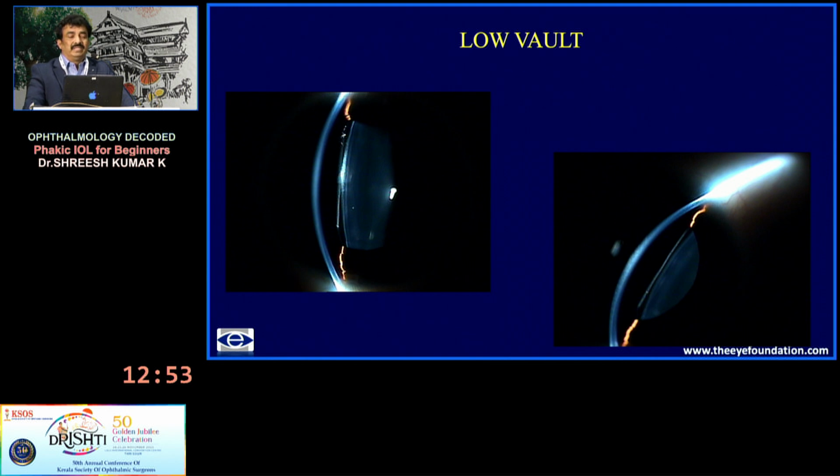Precise definitions for insufficient vault and excessive vault have, however, remained elusive, because only a percentage of eyes with vault beyond any predefined range experience vault-related adverse events. If you see here, there is a very low vault in both cases, but in this particular case the crystalline lens is very clear, while in this case it has already started developing anterior subcapsular opacification.